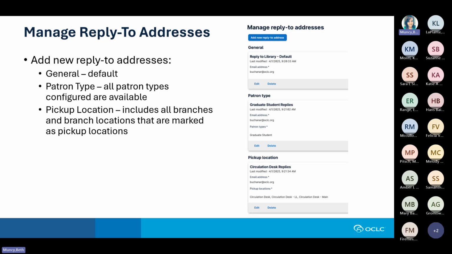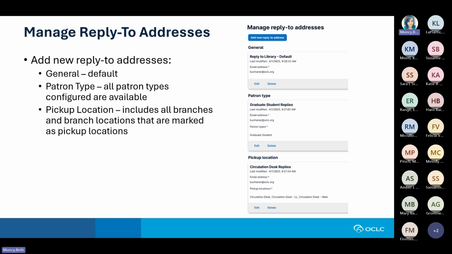You can do just a general default one, so maybe going to your circ desk. You can create individual patron type related reply to addresses. So if you want all reply tos from staff and faculty to go to a certain address, or one for students going to a different one, you can create different patron type reply tos.